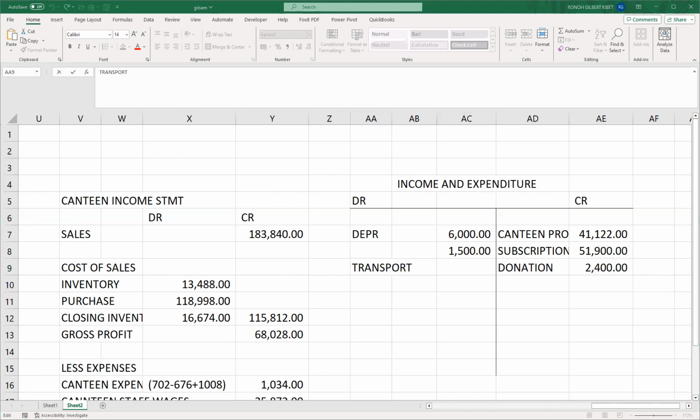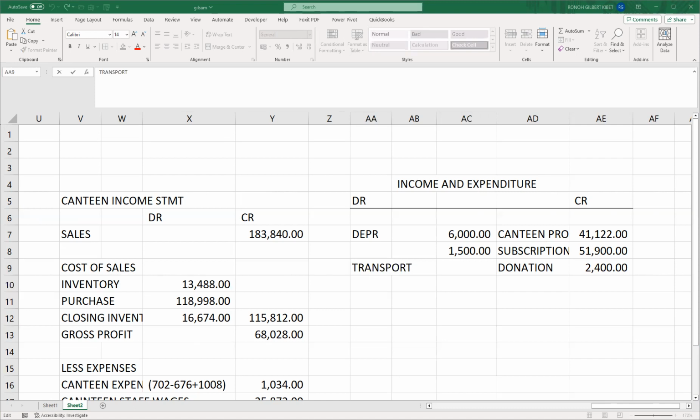Oh, I'm sorry, I'd already done the adjustment. We have done it for canteen, but not done for transport. Okay, let me see if my adjustment and your adjustment are similar. So this is accrual.